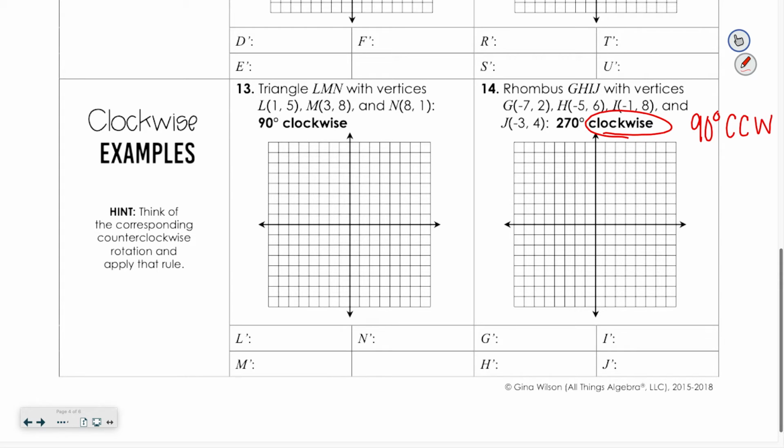So I need to do the opposite and go 90 degrees counterclockwise, which means I'm going to change your (x, y) to (-y, x). So don't just look at 270 and start going. You're paying attention to what it's saying, then you're graphing.